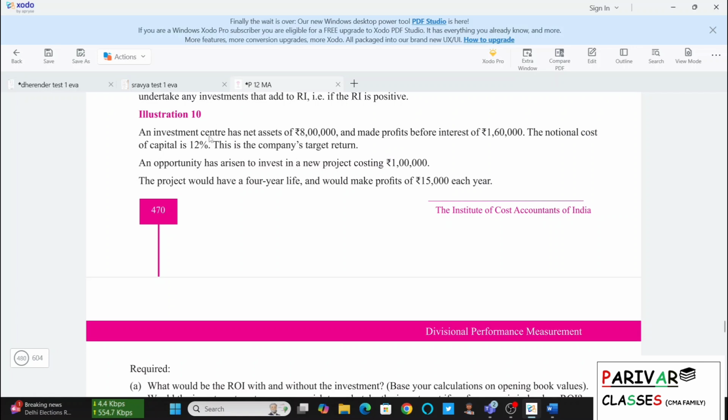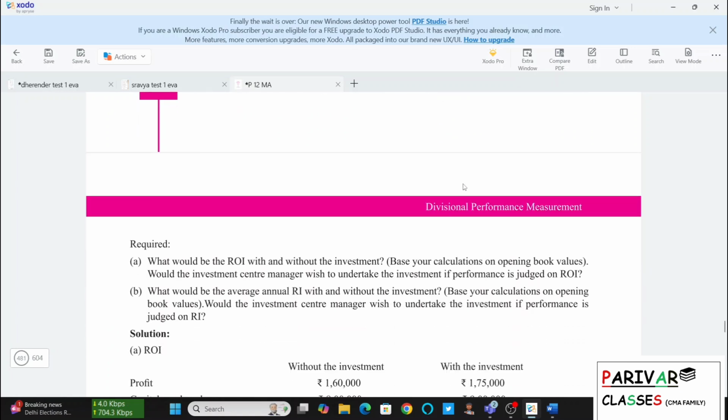Illustration 10. An investment center has net assets of 8 lakhs and made profits before interest of 1 lakh 60,000 and notional cost 12%. This is the company's target return. An opportunity has arisen to invest in a new project costing 1 lakh. The project would have a 4-year life, which would make 15,000 profit each year.